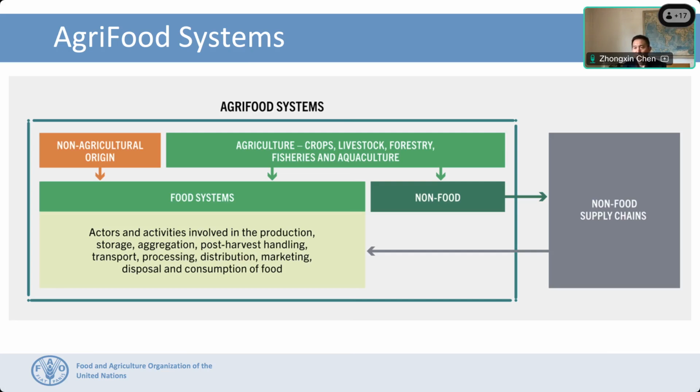So many years ago, I had a talk with a professor from Germany. Germany is known as an industrial country. Agriculture itself, food production, only contributes 2 to 3% of the GDP. But if we consider all this supply chain, including machinery, fertilizer, and so on, the proportion for the agri-food system could be as high as more than 30%.